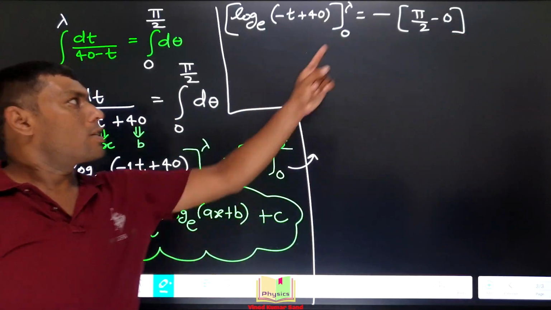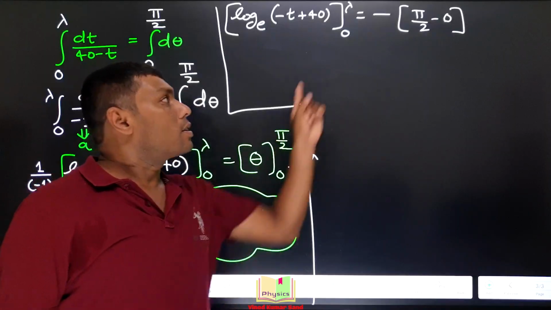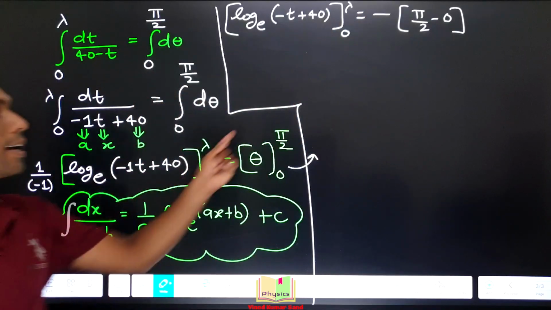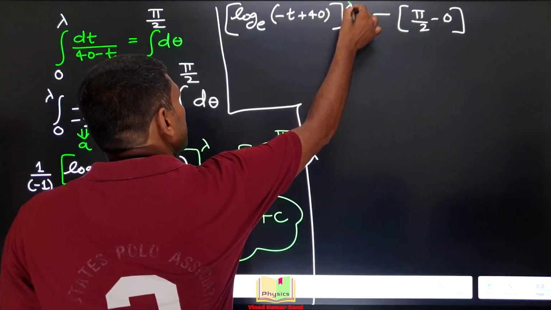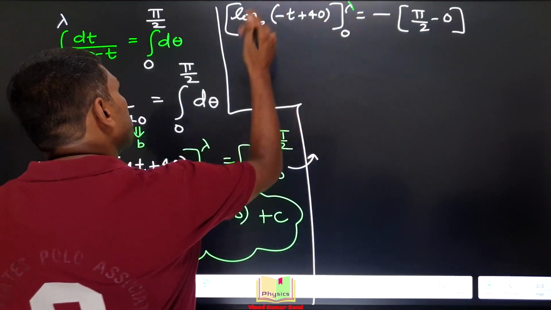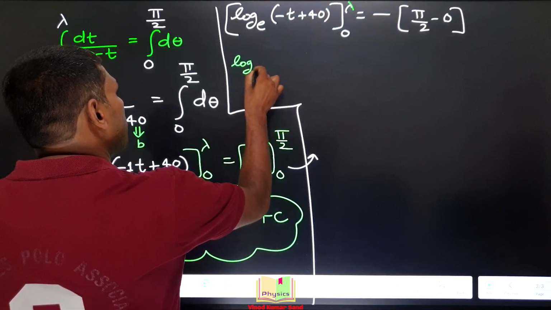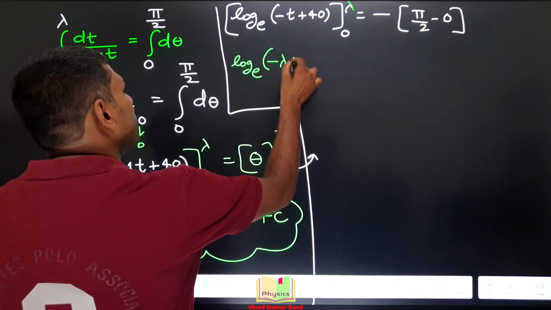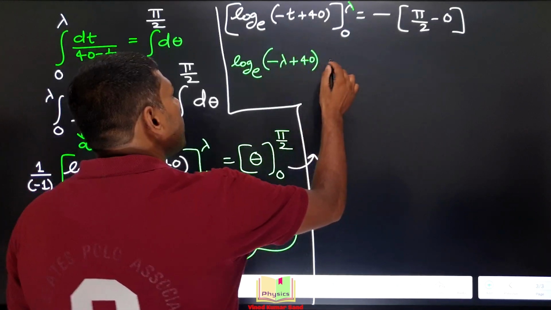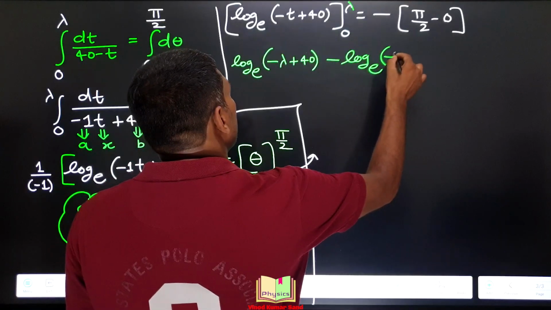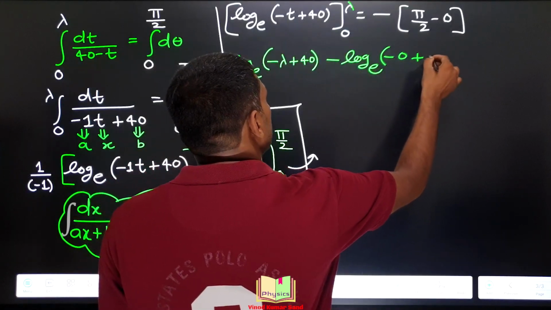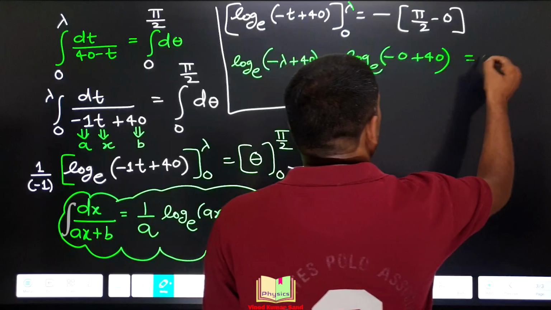Put up the upper limit as pi by 2, the lower limit is 0, and this minus sign has been taken here. Now put up the limits here also. At the place of t, we will put the upper limit. So log base e of minus lambda plus 40 minus log base e of minus 0 plus 40 is equal to minus pi by 2.